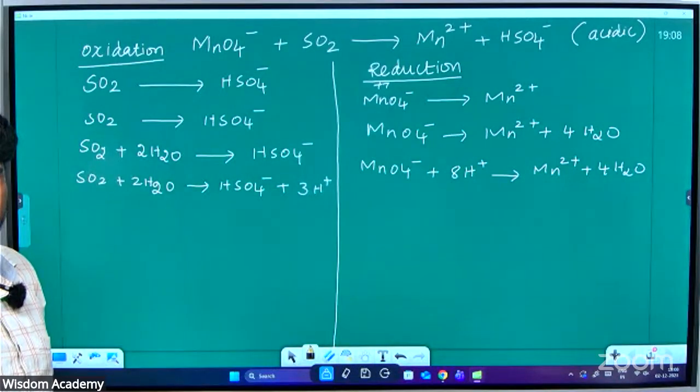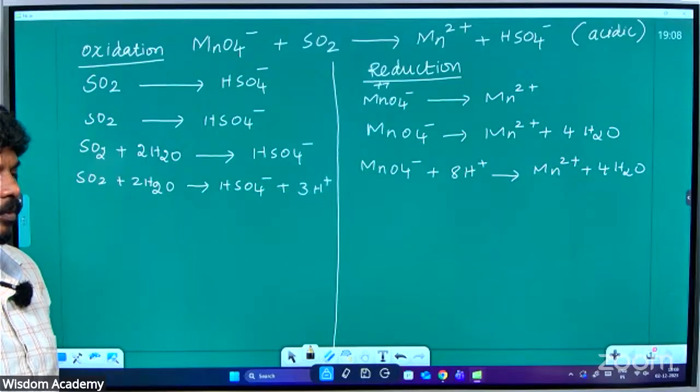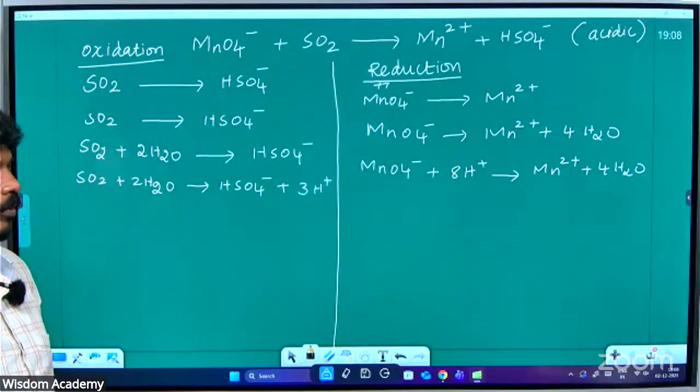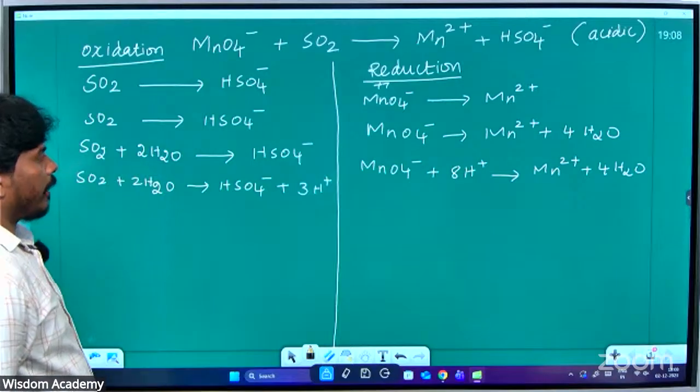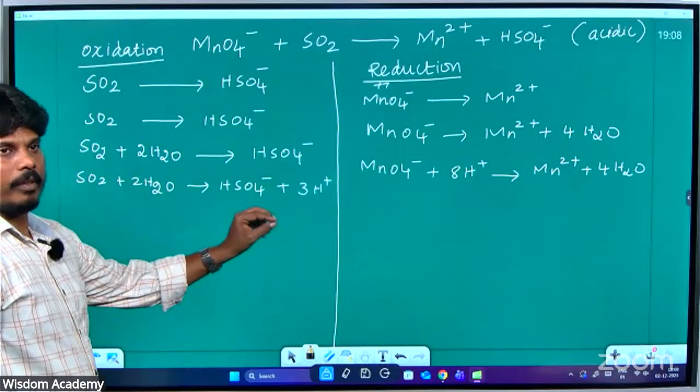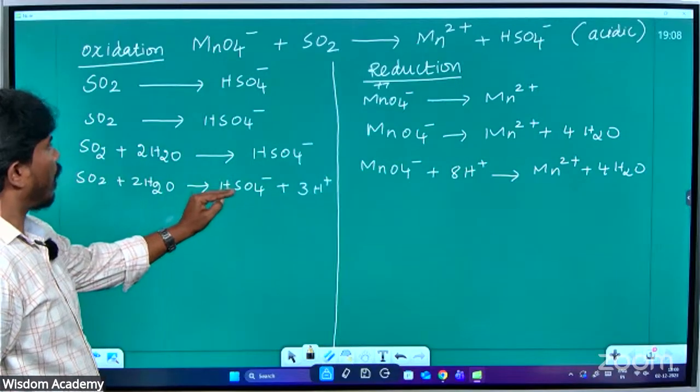Balance. Next, include the electron. Include the electron on oxidation and reduction.